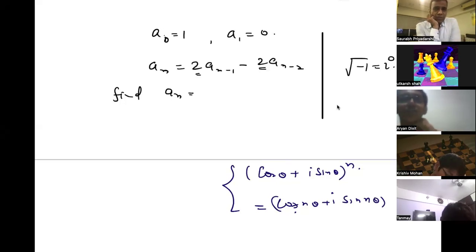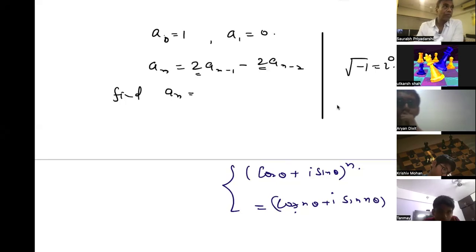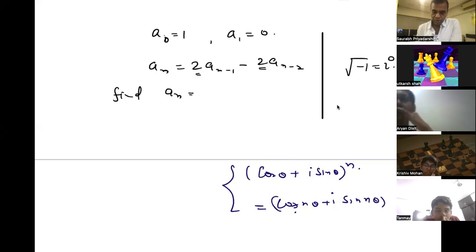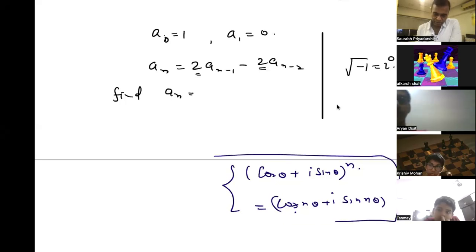Is it possible to write down what you have found in terms of sine theta and cos theta? If we are able to write it in sine and cos, it will be easier to solve this. We can easily use De Moivre's equation.